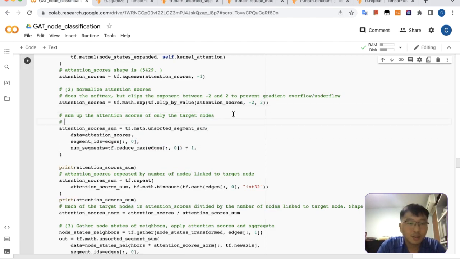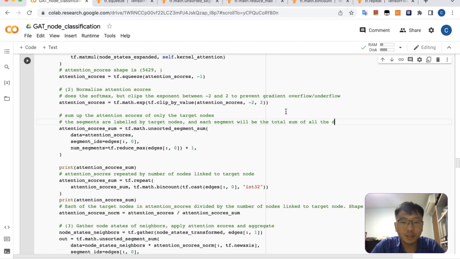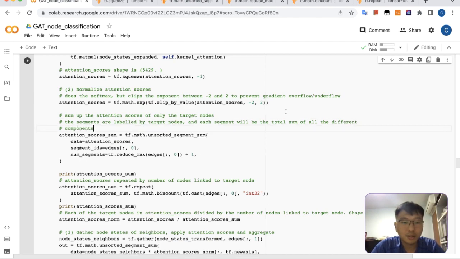The segments are labeled by target nodes, and each segment will be the total sum of all the different components with the same label.